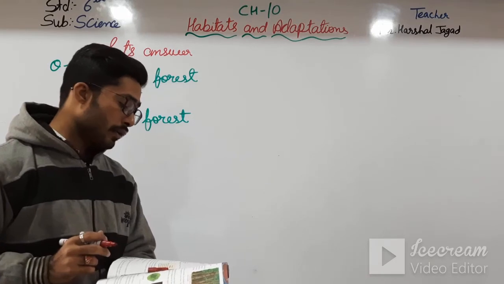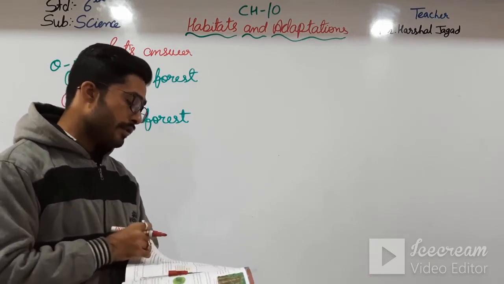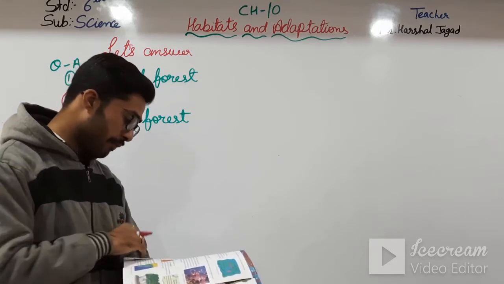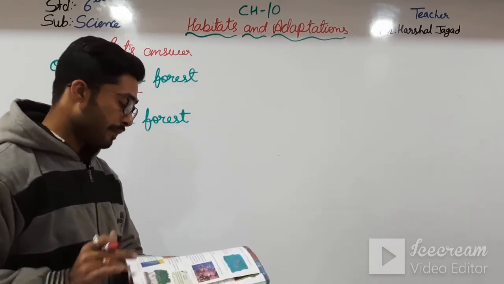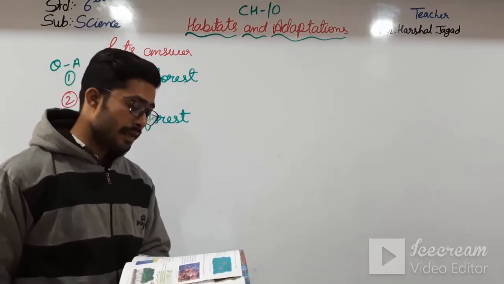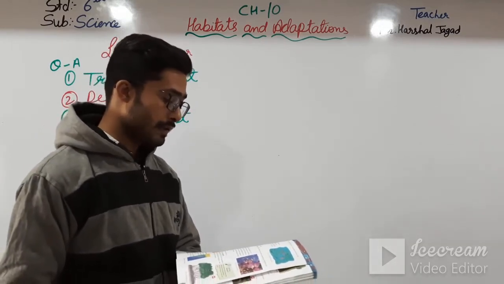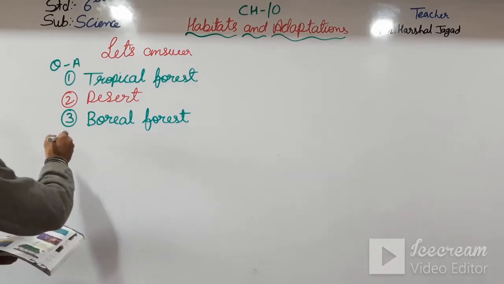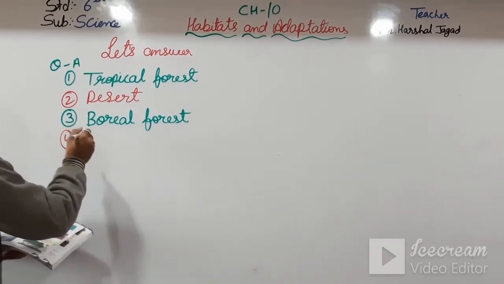The fourth one, the habitat where tall grasses grow and zebras and lions are found. Here on the page, the grasslands are the area where a large variety of tall grasses grow, and not many trees or shrubs grow. So the fourth answer is grasslands.